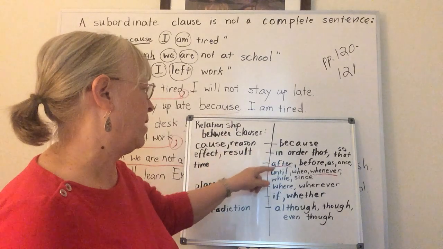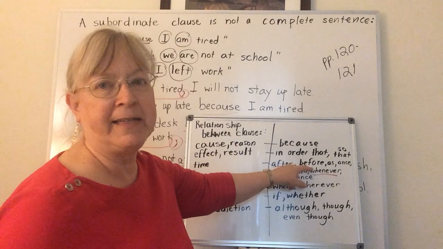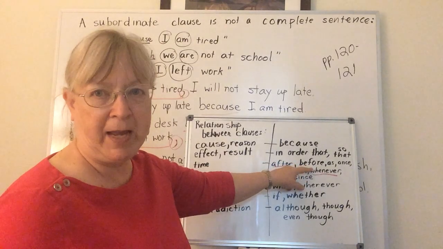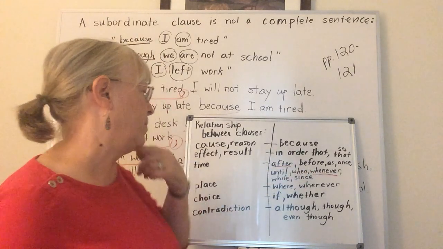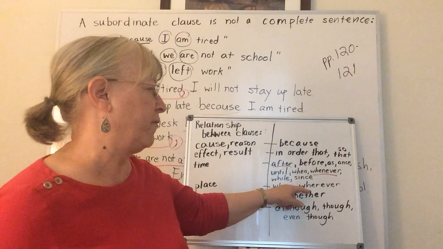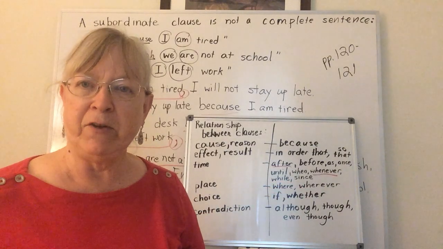So there's lots of time words. After, before. Before I lived in Texas, my family and I lived in Pennsylvania. That tells time. Place: where or wherever. Wherever you live, I would like to visit you.